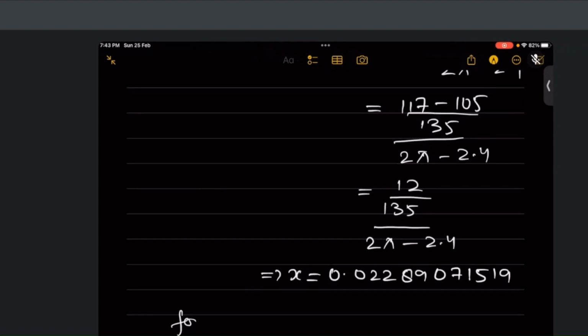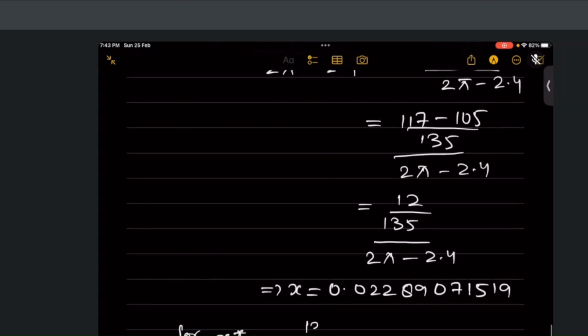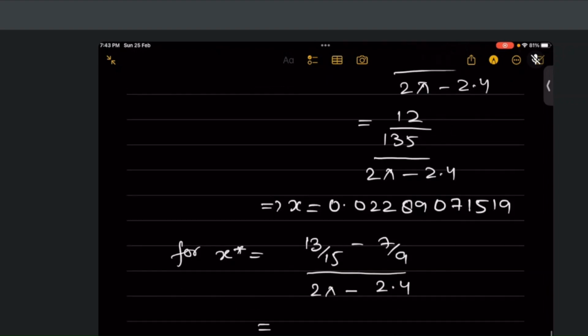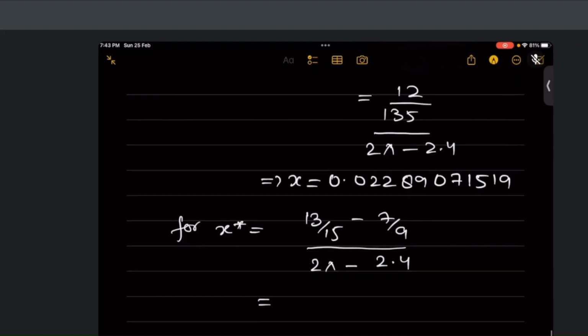Now for x star, we first calculate 13 by 15 minus 7 by 9, then 2 pi minus 2.4. What is the value of 13 by 15? Do it fast. 0.8666. Let me write one more digit: 0.86666 and so on.